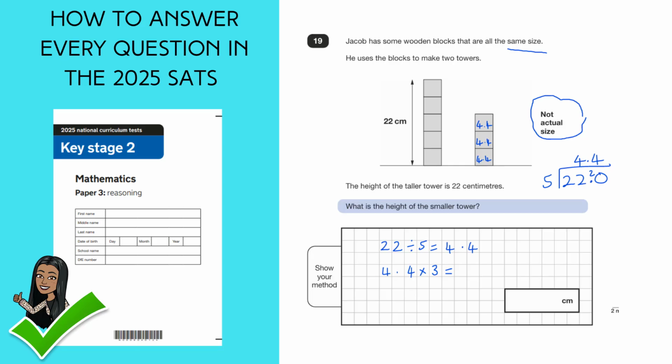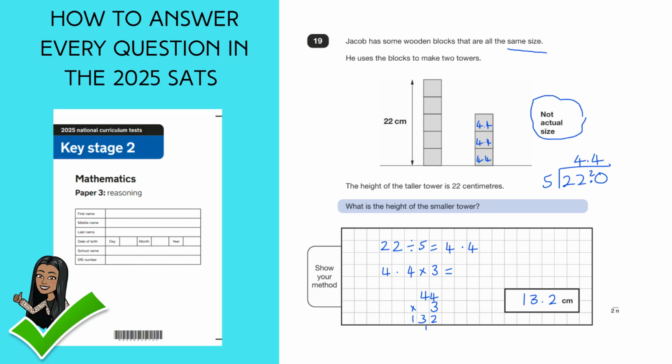For this, you can use a standard multiplication. You could do 44 times 3, and then as I've multiplied my 4.4 by 10 to make 44, I need to divide my answer by 10. So it's 13.2.